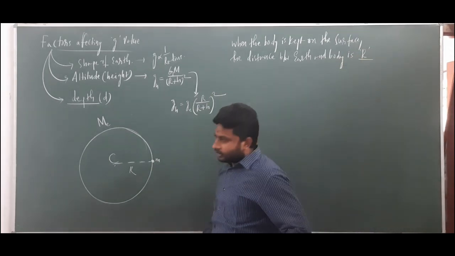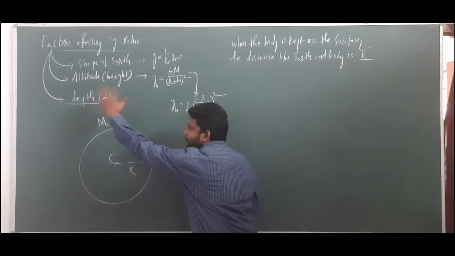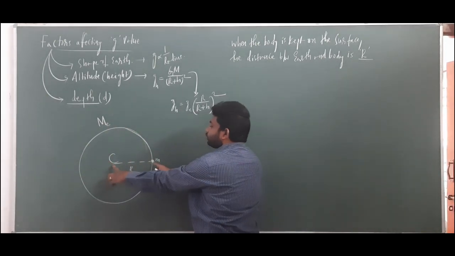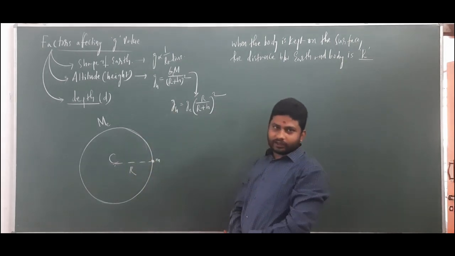Yes or no? The body is kept here and the center of the earth is here, so the distance between these two will be equal to the radius of the earth.